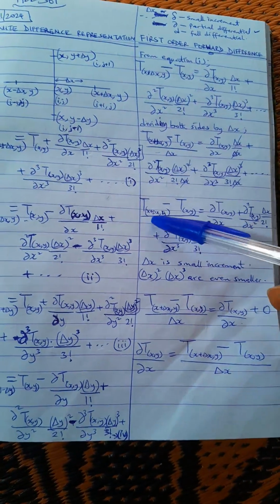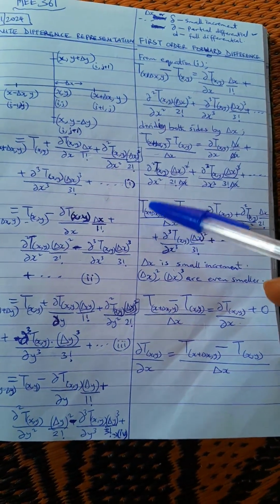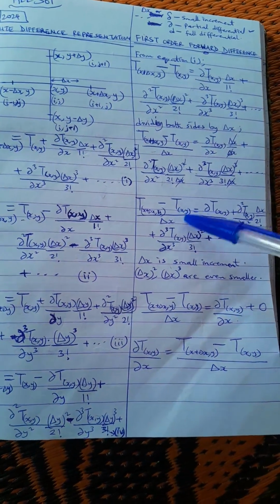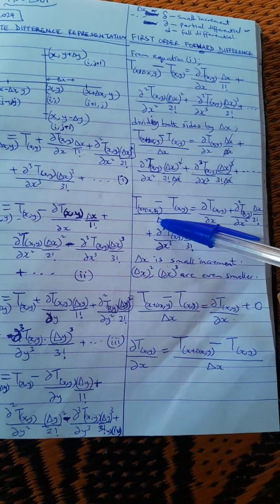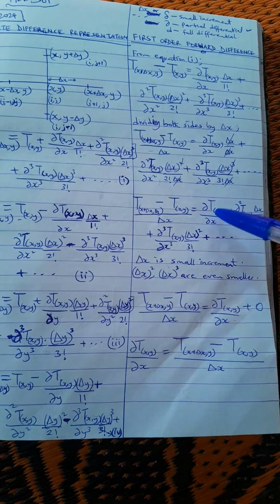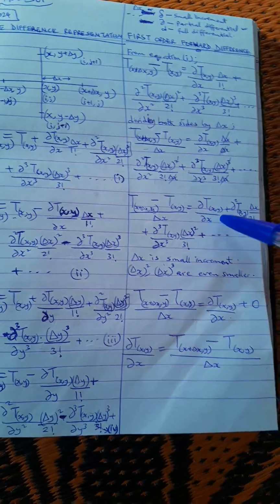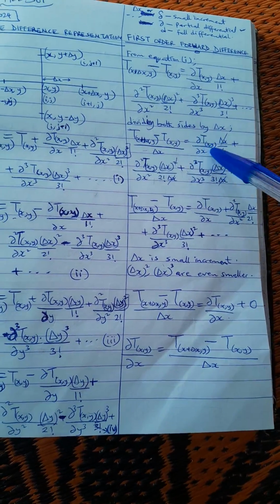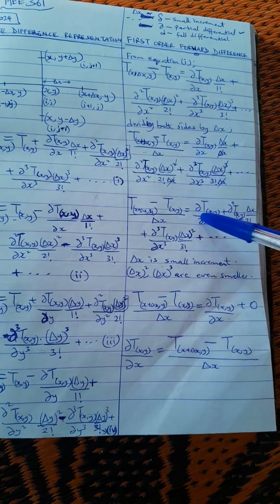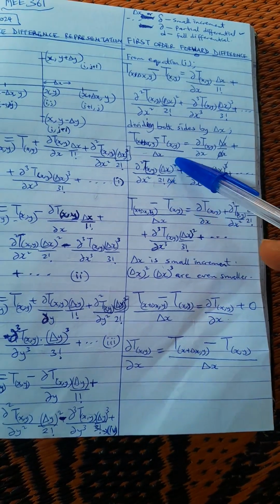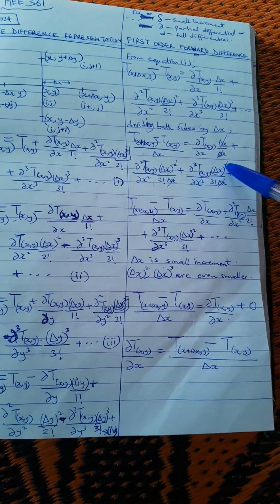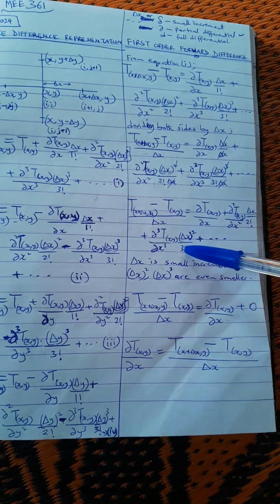So everything here, T X comma S plus delta X comma Y minus T subscript S comma Y, everything all over delta X equals to D T subscript S comma Y over dX plus, that's the only thing that remains here. Delta S cancels delta X. The remaining here is this. Plus delta S cancels 1 here. It remains 1 delta X over 2 factorial. The third one here, it remains delta X square over 3 factorial there.